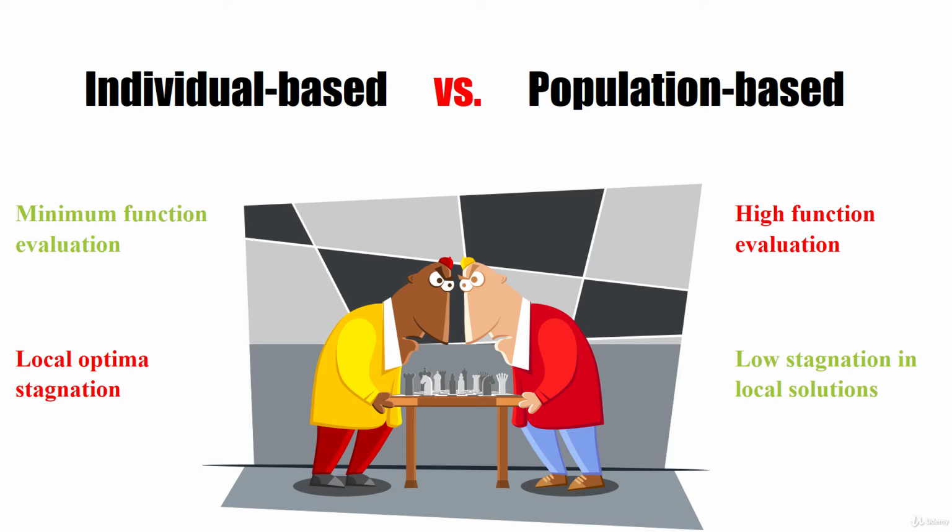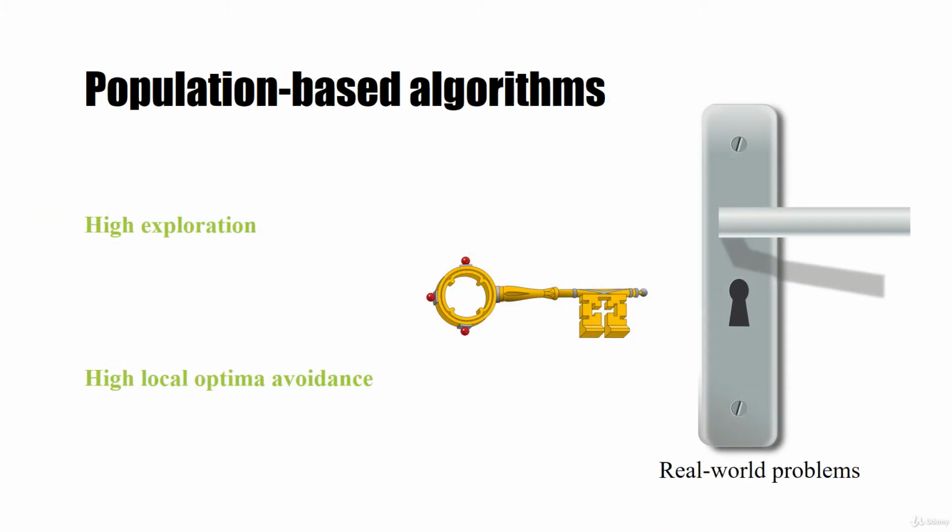As drawbacks, such algorithms require more function evaluations and are computationally more expensive. There is no doubt that the advantages of population-based algorithms outweigh their drawbacks. High local optimal avoidance and exploration make population-based algorithms a better solution to real-world problems as compared to the individual-based algorithms.